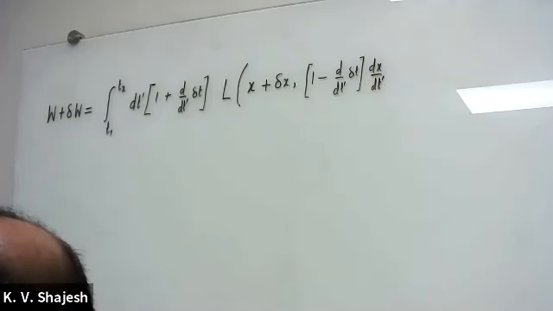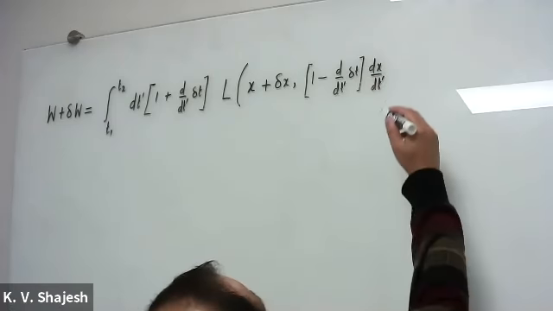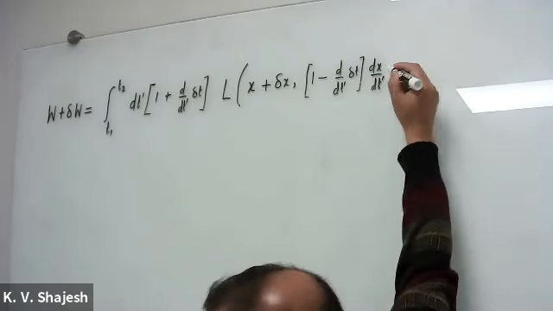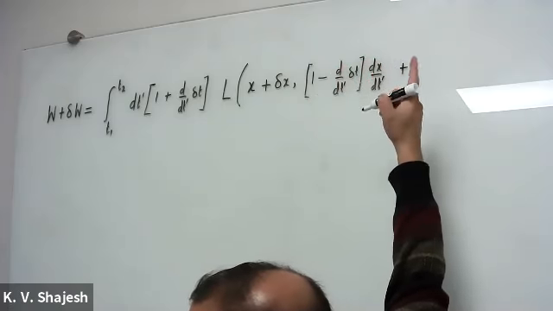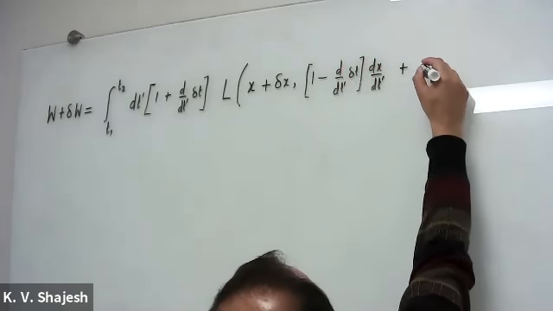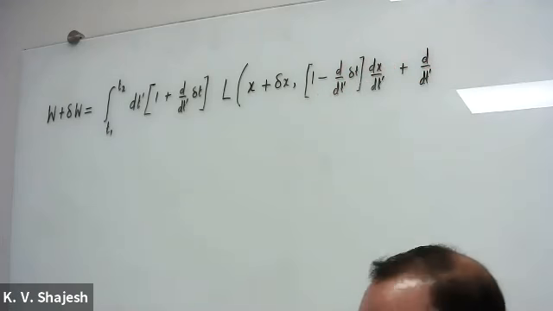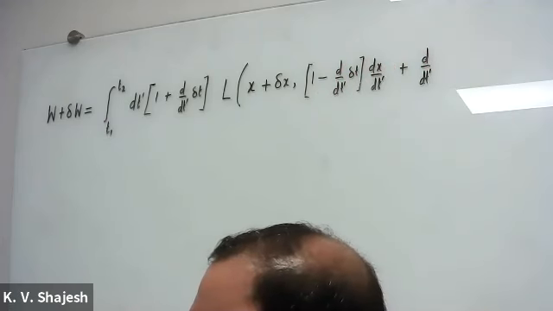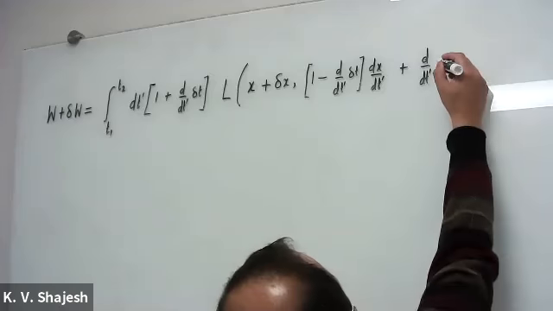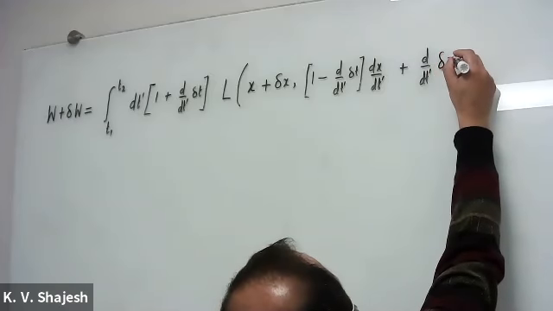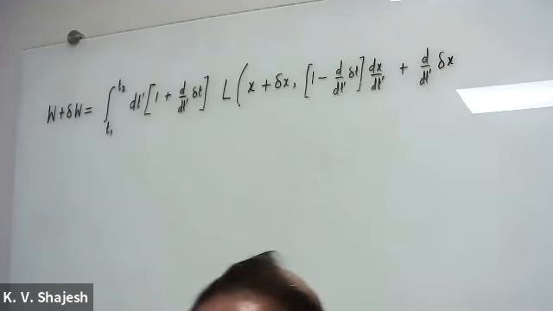And the second variation is plus d by dt prime of delta x, which is a function of t.